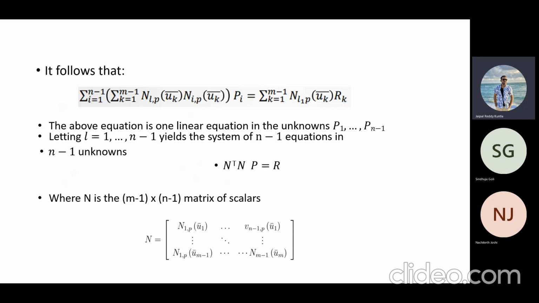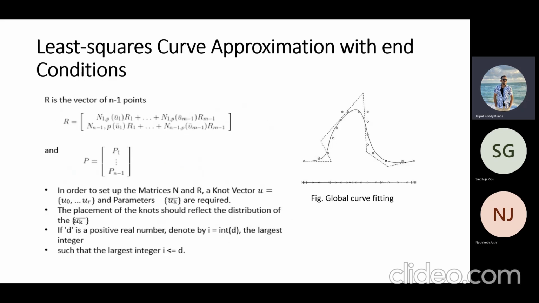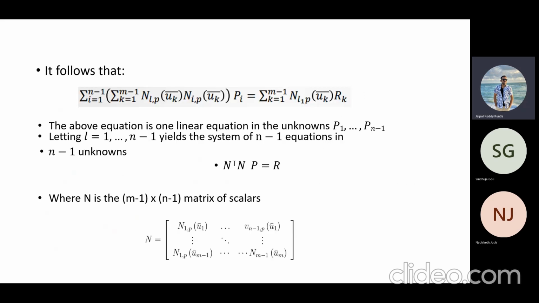The above equation is linear in the unknown P, where P runs from P1 to Pn−1, letting i equal 1 to n − 1, a system of n − 1 equations in n − 1 unknowns. So N transpose N P equals R, where R depends on this vector, and N is an (n − 1) × (n − 1) matrix of scalars, given as shown in the slide.